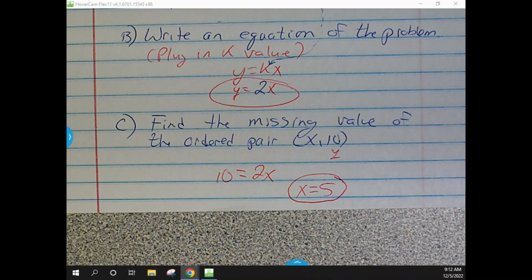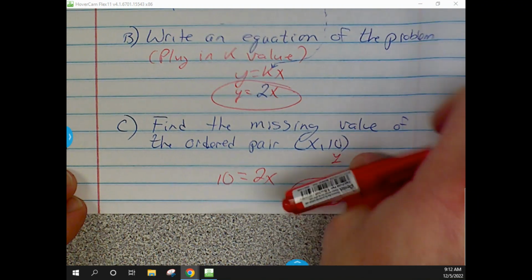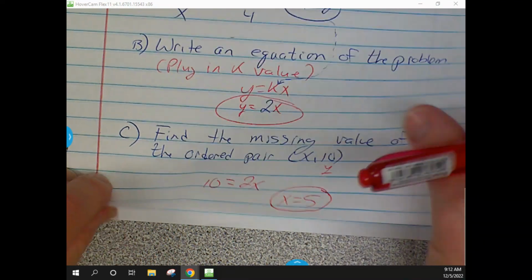All right. After that, they will give you some ordered pairs in a table form, and they're going to ask you, based on these numbers, is this inverse, is it direct, or is it neither?